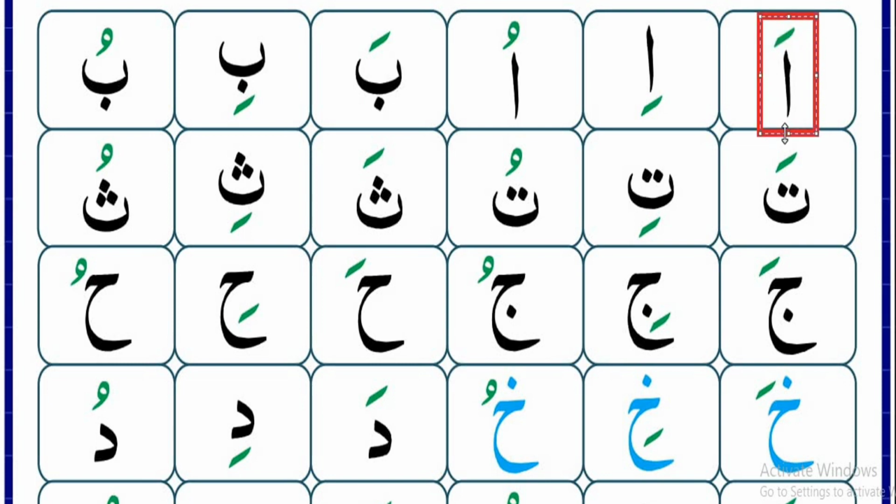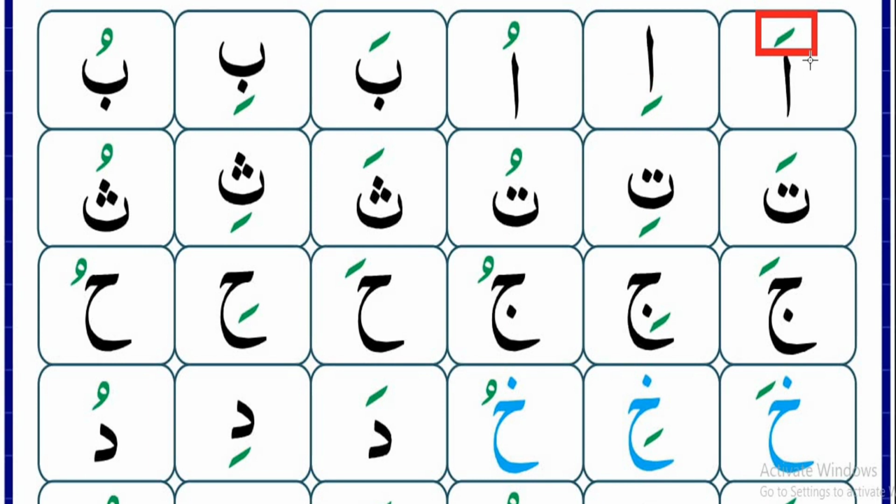So this one, for example, sounds A with this sign, and with the other sign it sounds E, and here it is O. The first two signs both look the same, but the difference between the two is that one is on top of the letter and the other is at the bottom.